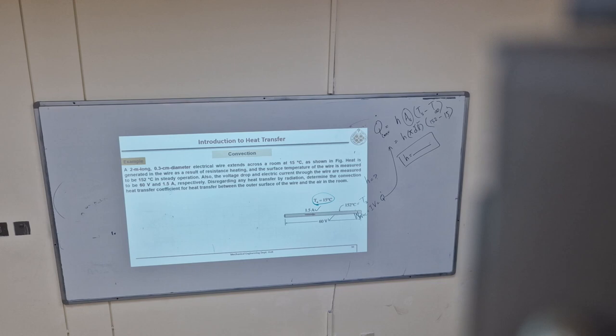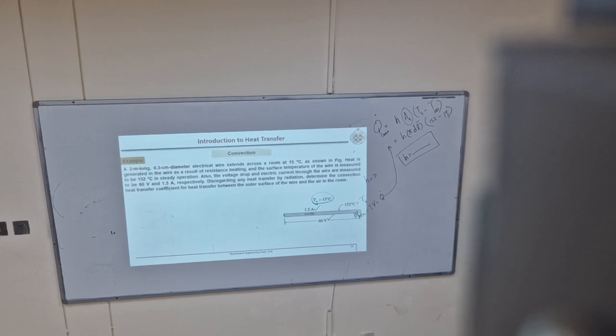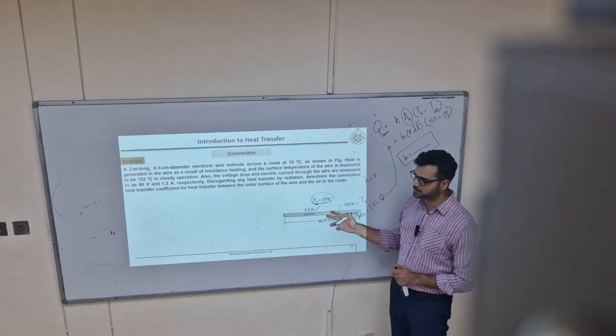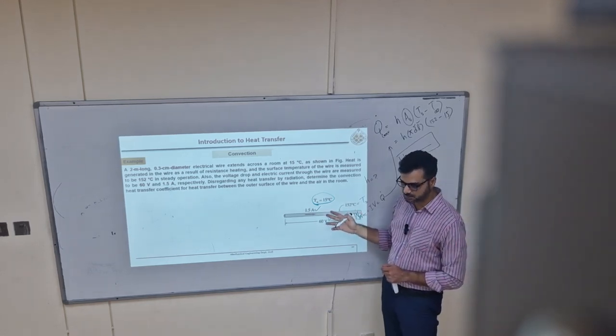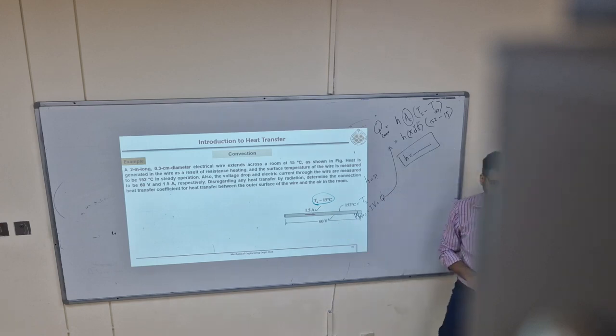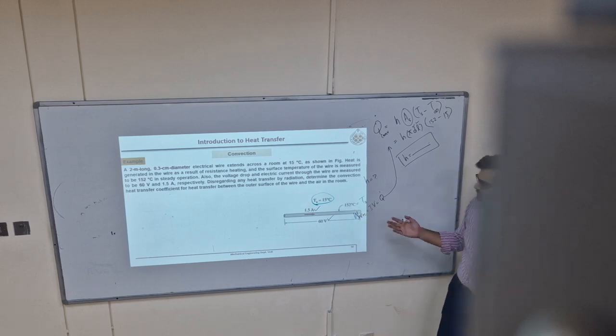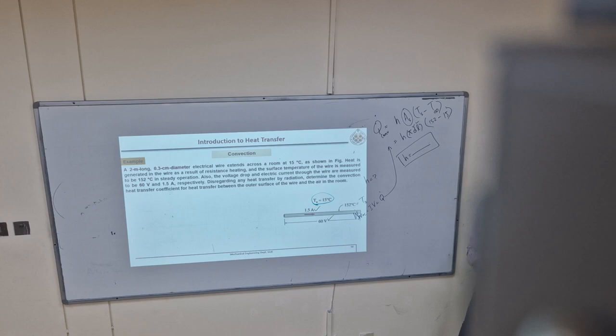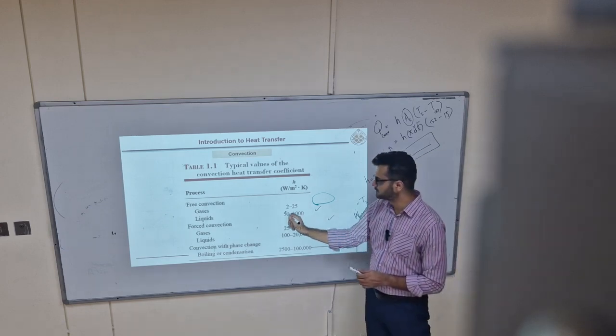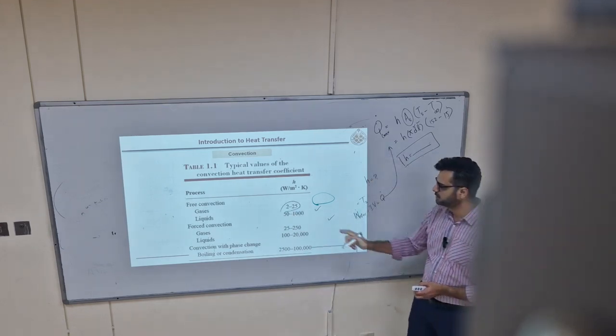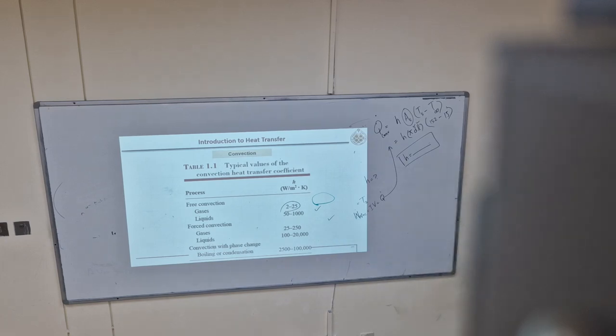So this convective heat transfer coefficient, which we will find out, is from this solid cylinder exposed to ambient air, which is natural convection. That is a problem of natural convection. There is no fan or anything attached. So this will be in that smaller range, maybe about below 50.